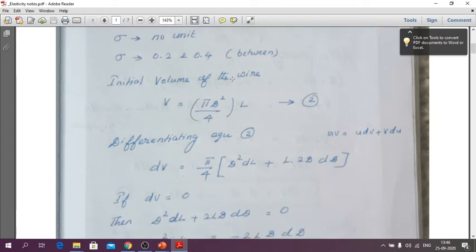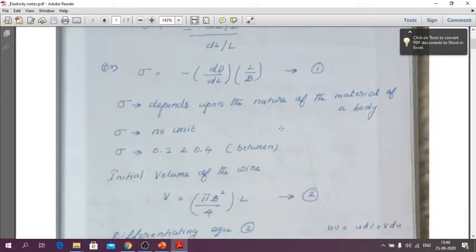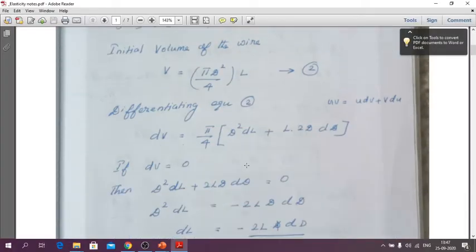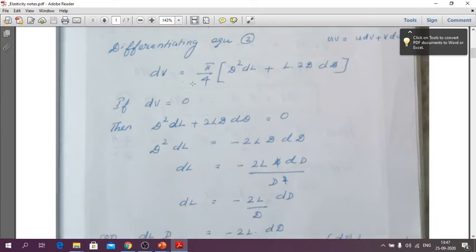Then the initial volume of the wire V is equal to pi d square divided by 4 into L, that is area into length, and we have to differentiate this equation. When we differentiate, dV is equal to pi by 4, taking the common term outside and differentiating using the UV method. UV is equal to U dV plus V dU, and you'll get this equation.